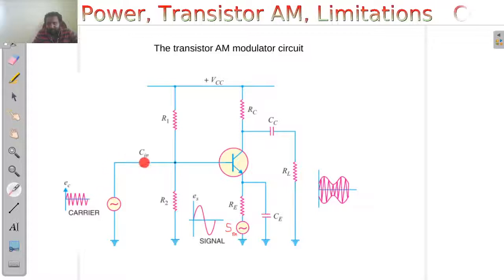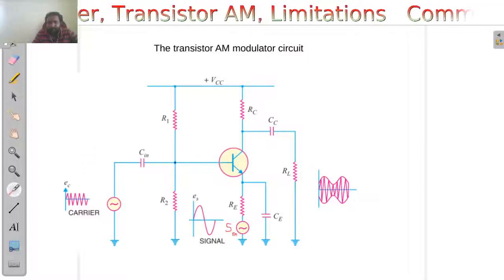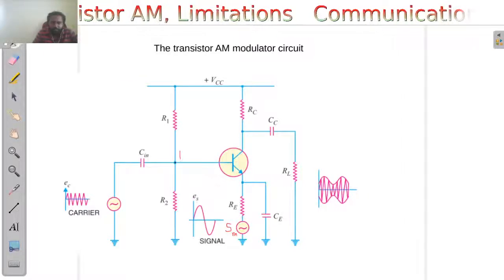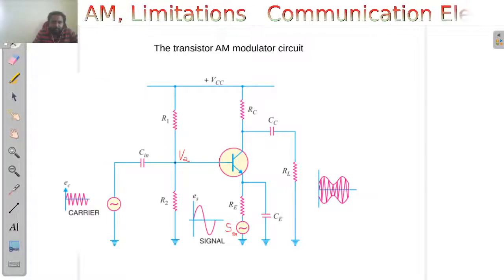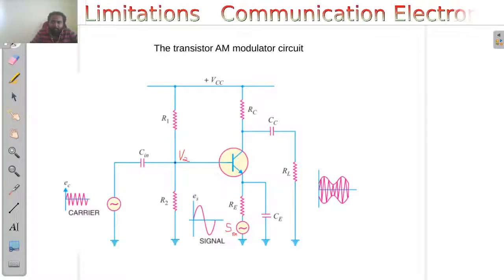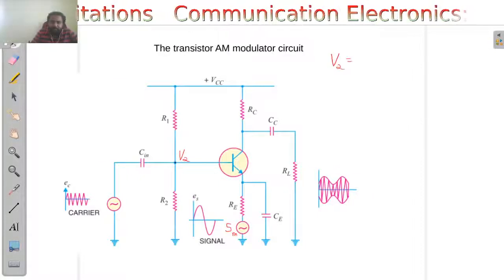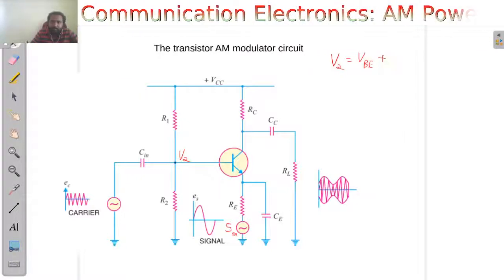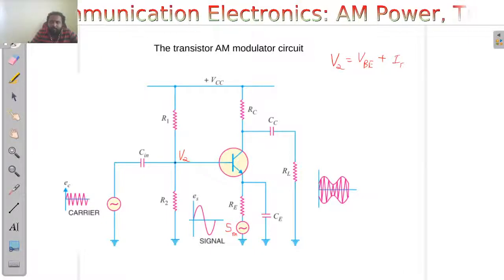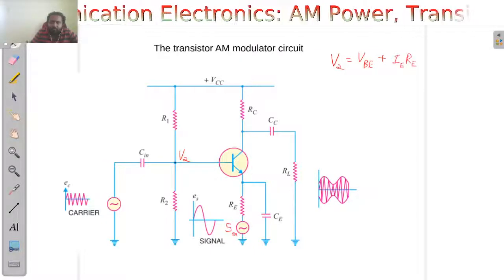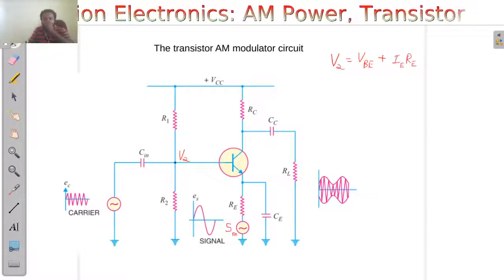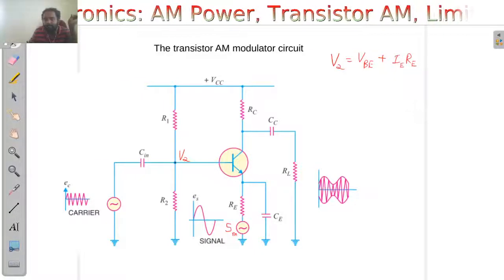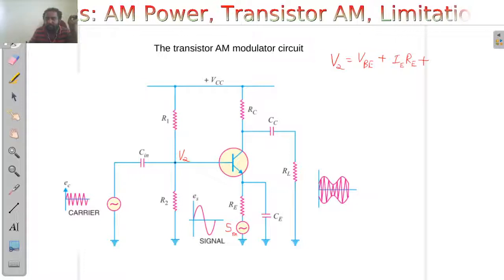So the carrier signal goes into the base of the transistor, and you can see that the voltage at this point, that is the voltage at the voltage divider V2, can be represented like this. V2, as per Kirchhoff's voltage law, is equal to VBE plus IE RE, that is the current times the resistance RE, plus SM.